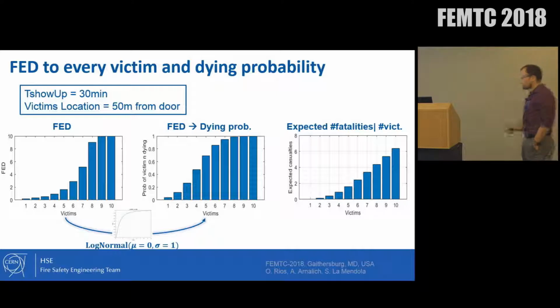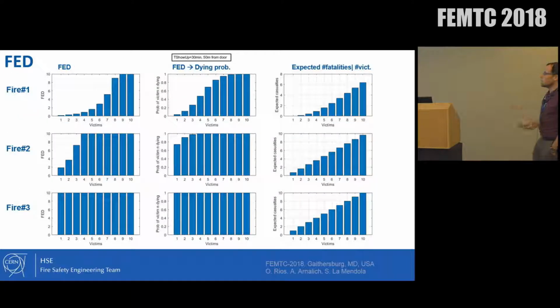So we extrapolate and we use whatever values we get for FET, and then we compute the expected number of fatalities given the number of victims, given the number of people embedded in the tunnel. We can say how many of them are likely to be casualties.